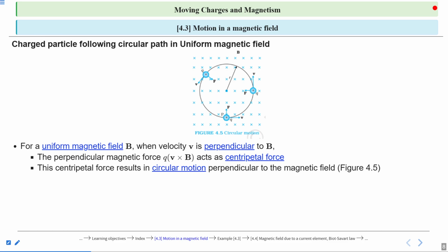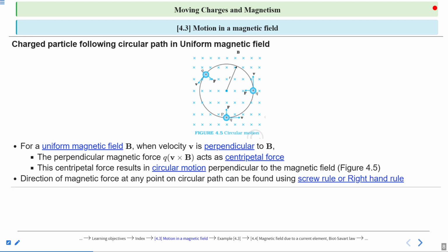The circular motion will be in the plane of the paper, and the magnetic field is perpendicular to the plane of the paper, going into the paper. So the centripetal force results in circular motion that is perpendicular to the magnetic field.